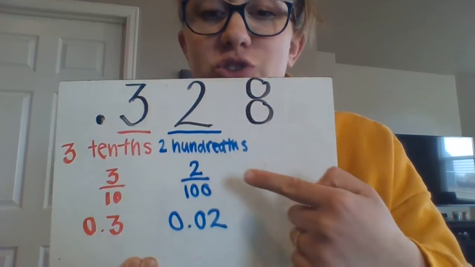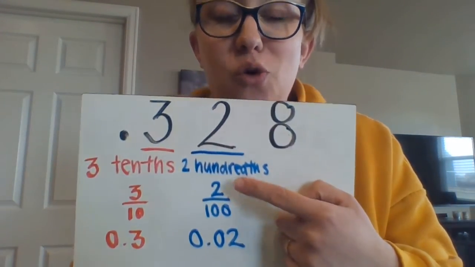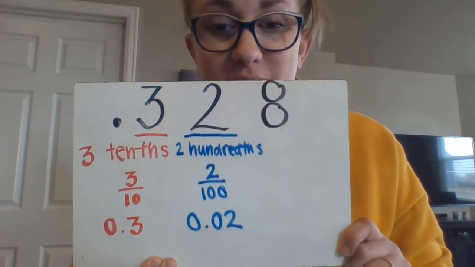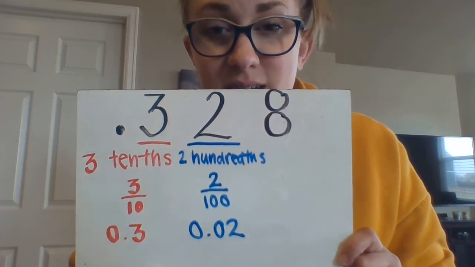I'm going to do it too. Okay, check our answers. 2 hundredths written out in words. 2 over 100 is our fraction. 0.02 is our decimal.